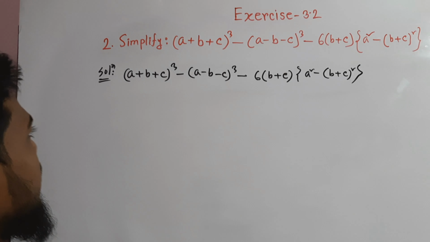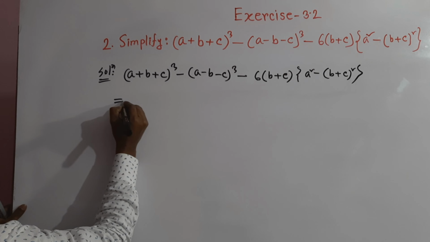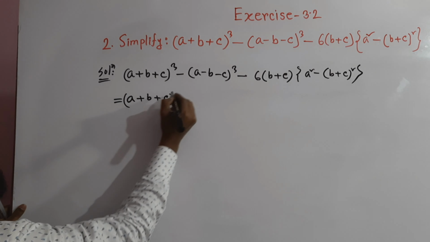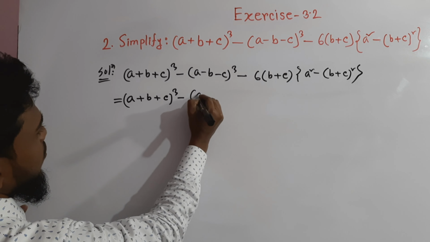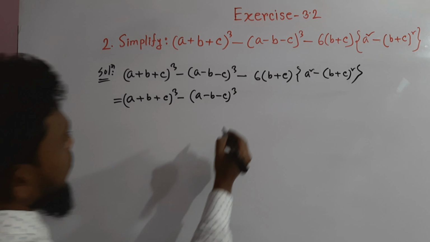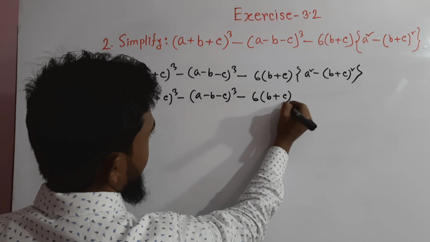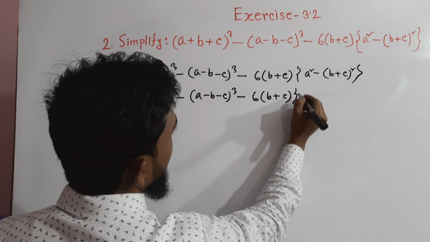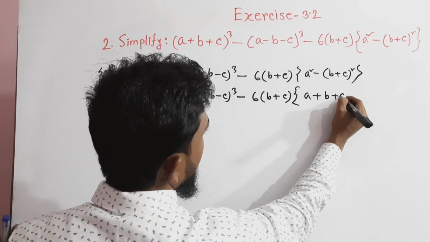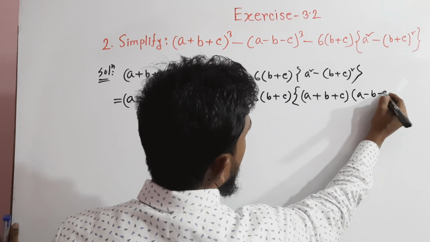So we can write this expression as (a plus b plus c) whole cube minus (a minus b minus c) whole cube minus 6 into (b plus c) into (a plus b plus c) into (a minus b minus c).